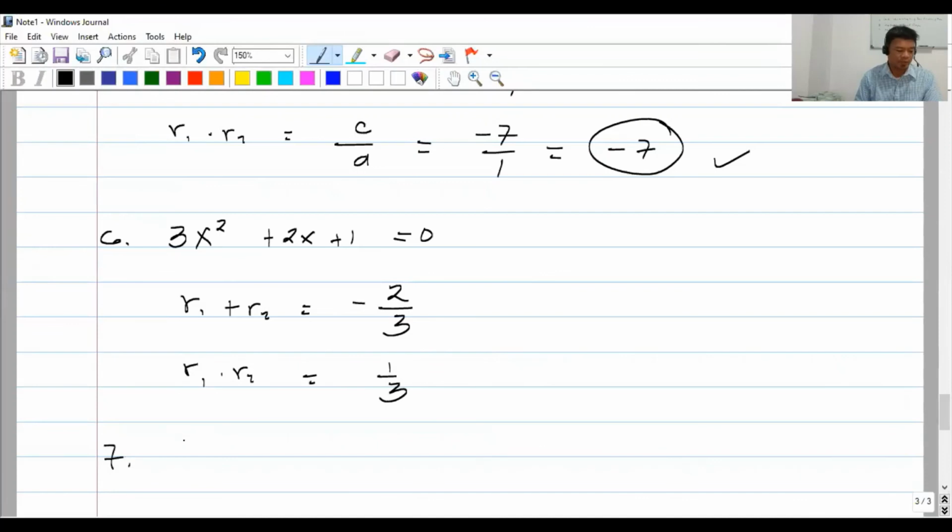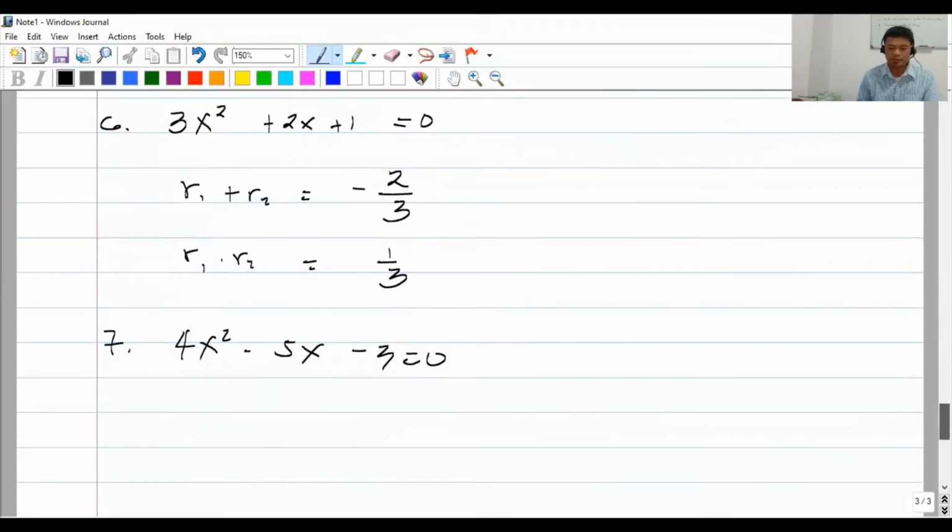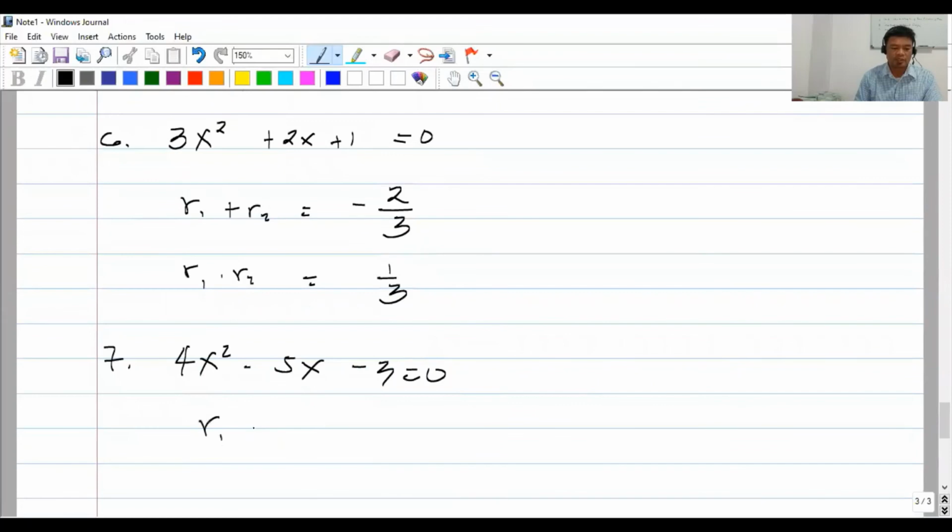And lastly, number 7, 4x squared minus 5x minus 3 equals 0. R1 plus R2 is equal to 5 over 4, and R1 times R2 is equal to negative 3 over 4.